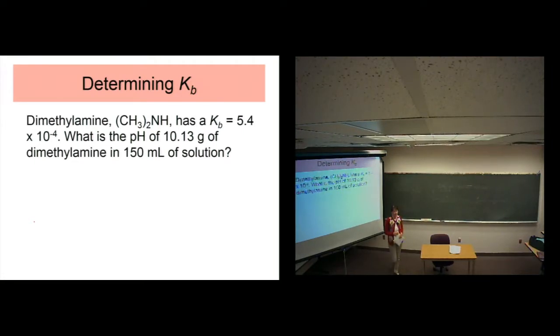X is equal to 0.02846. Okay, so if we plug that back in to get the percent ionization, what does the percent ionization come out to be? Did anybody do that one? That'd be 0.02846 divided by 1.5 times 100.